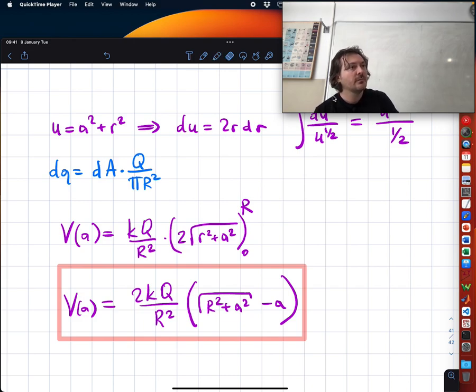Okay? Also, we started from 0, but to make it more general, we can start from some smaller value like a or small r. I mean, shouldn't we show it that way? We are calculating the potential due to a circular plate. Yes.